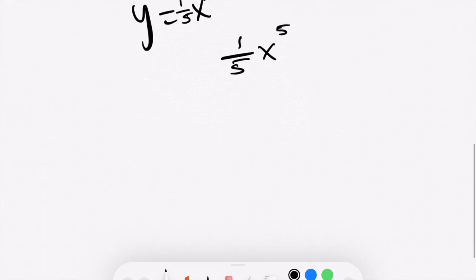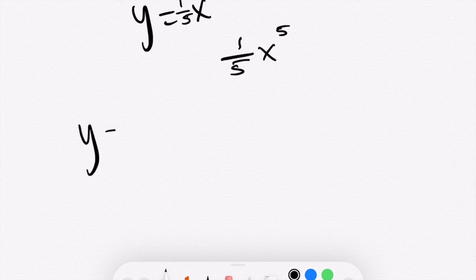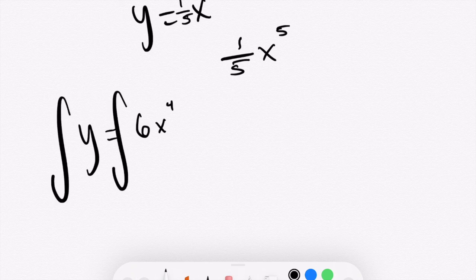Let's do one final one. Let's say we have y equals 6x to the 4th. If we were to integrate this, remember we have to add 1 to the exponent, so we would get x to the 5th.